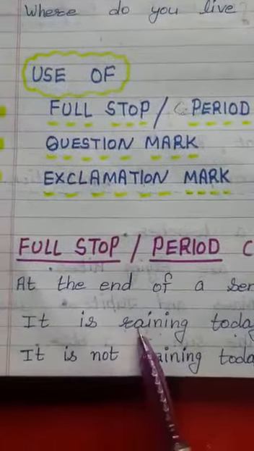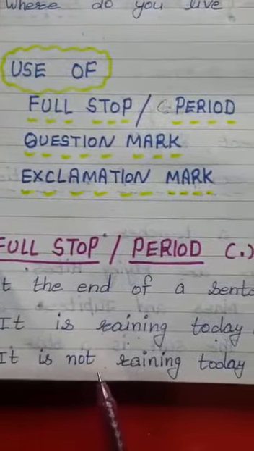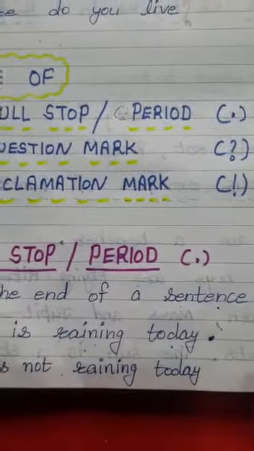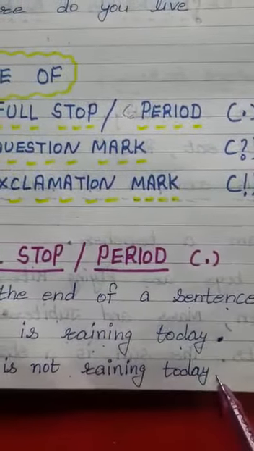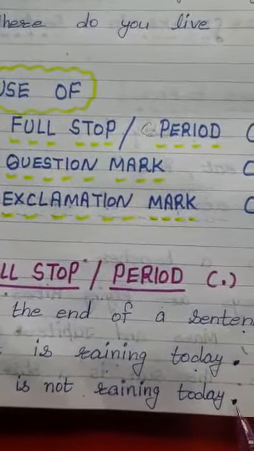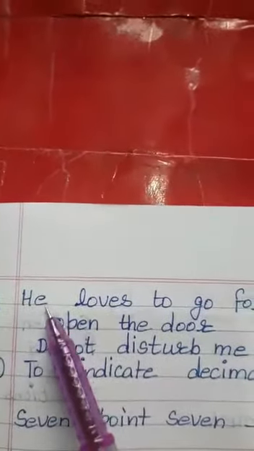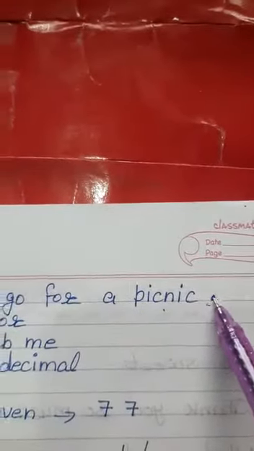And if we write the same sentence in negative form by adding not, it is not raining today. Even then, in order to end the sentence, we have to put the sign of full stop at the end. In the next example, we see he loves to go for a picnic. Again we have to put a full stop here.